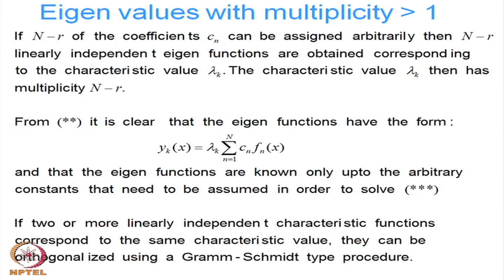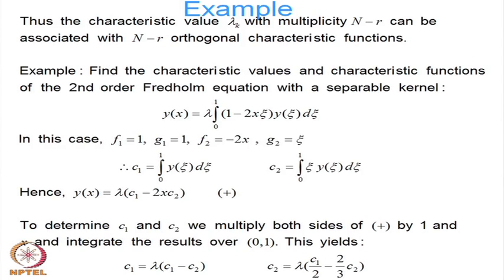So, eventually for an n by n system, it is possible to end up with n orthogonal eigenfunctions. Thus the characteristic value lambda k with multiplicity n minus r can be associated with n minus r orthogonal characteristic functions.